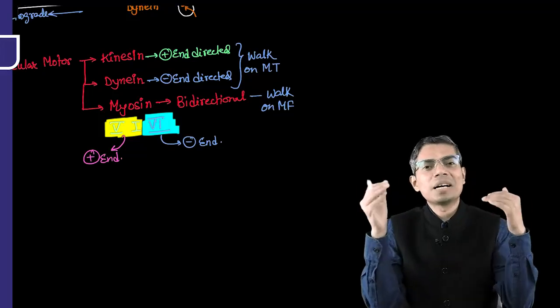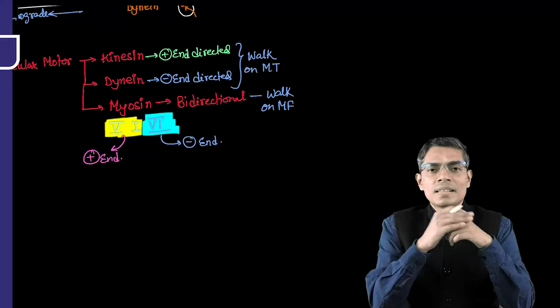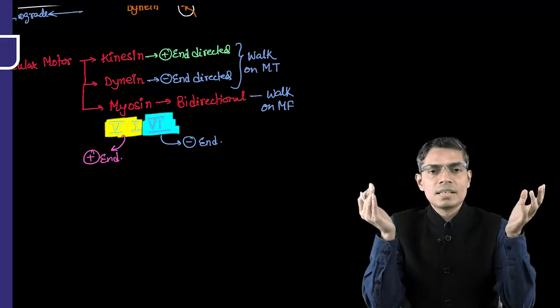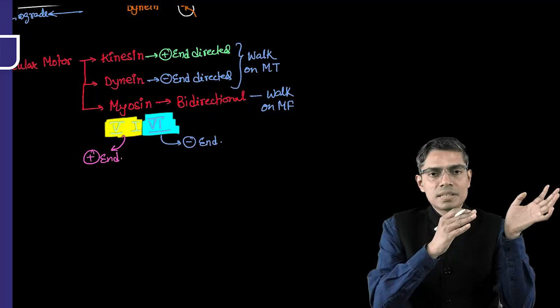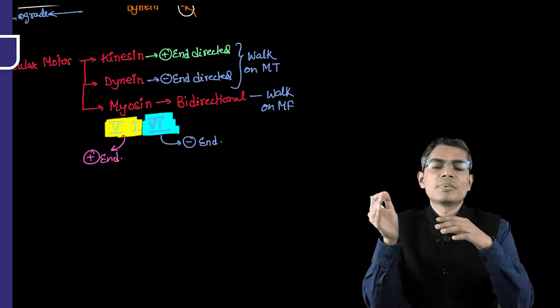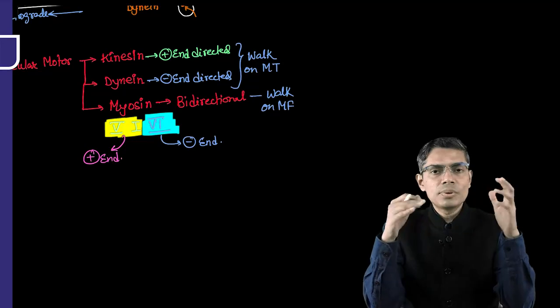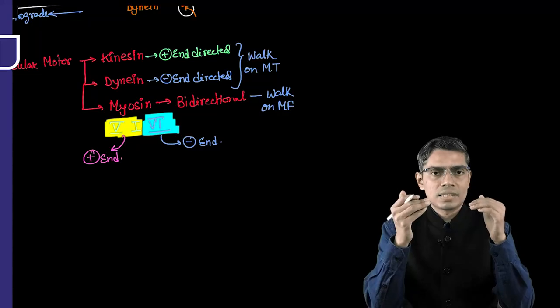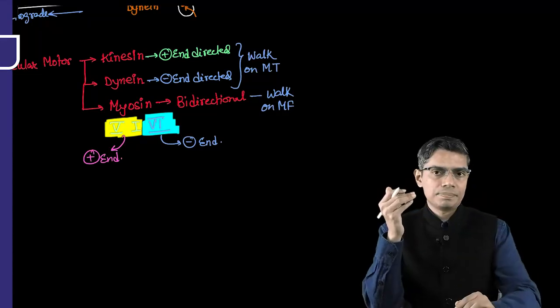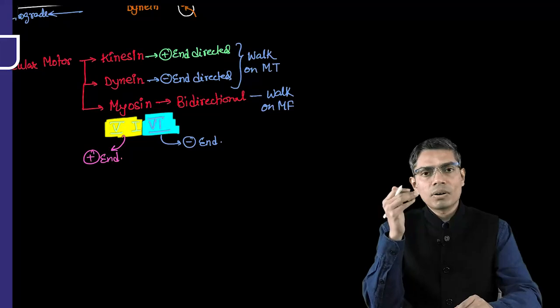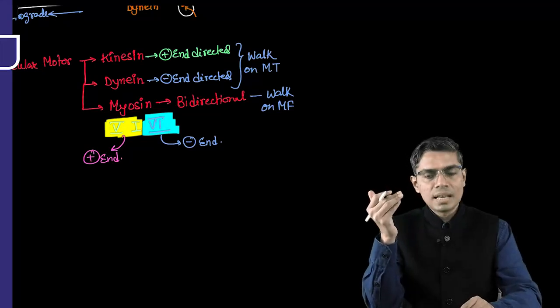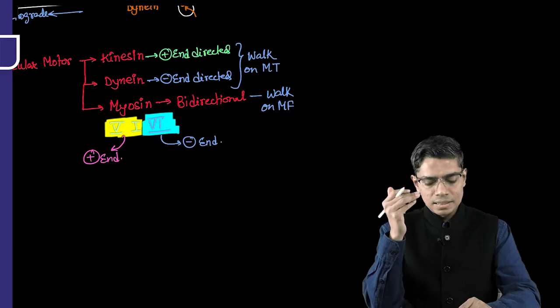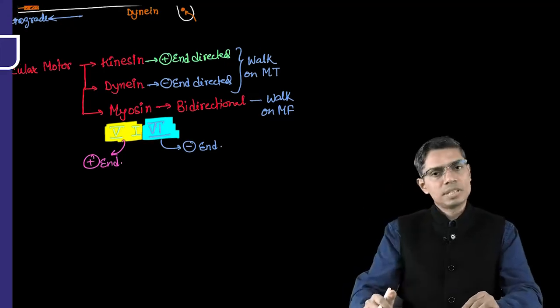So basically I told you myosin is a bidirectional molecular motor. That does not mean all are bidirectional. Some of the myosins are positive end directed and some of them are negative end directed. Even if you don't remember this sub variety, just remember myosin is a bidirectional molecular motor. Myosin works on microfilament, and kinesin and dynein work on microtubules.